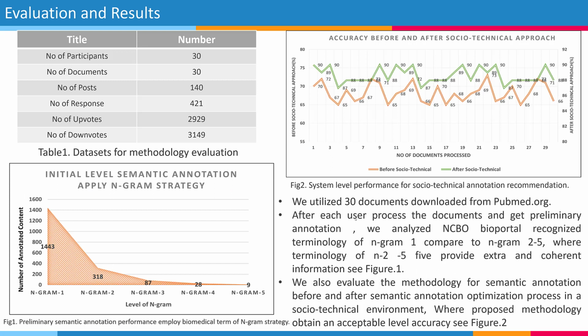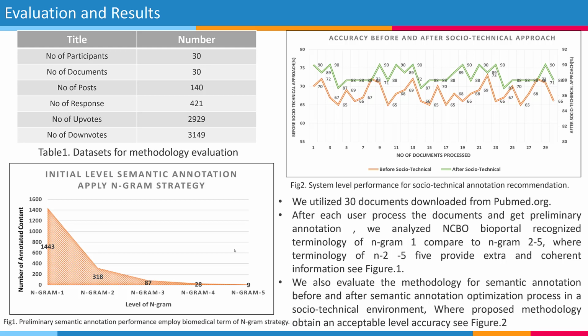In the evaluation and results section, 30 participants took part in the proposed methodology, and we downloaded 30 documents from PubMed and distributed them over the users, and we obtained the number of posts and responses from these participants, also upvotes and downvotes.